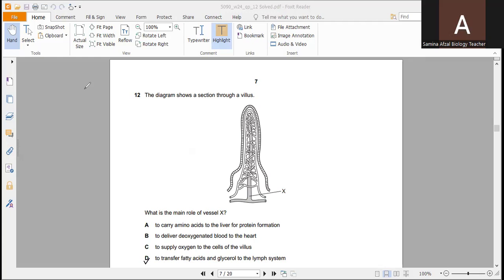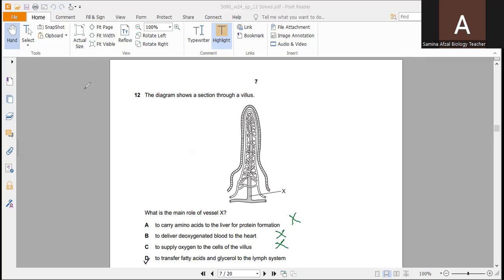Amino acids are uploaded in the villus by the blood vessels. So this is not the correct option. To deliver deoxygenated blood to the heart, again, no. To supply oxygen to the cells of the villus, again, they do not supply the oxygen in this way.